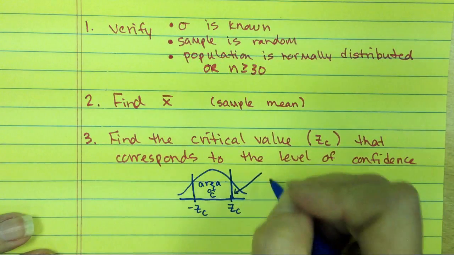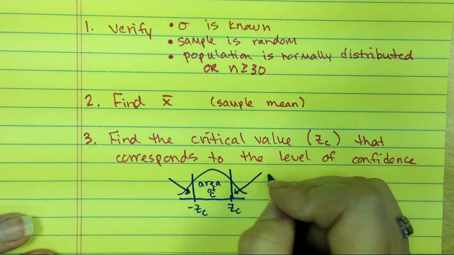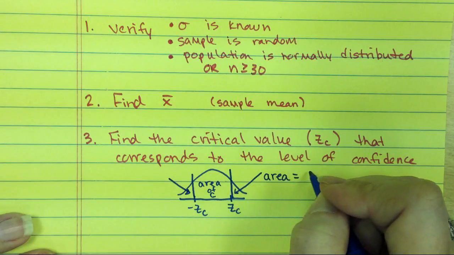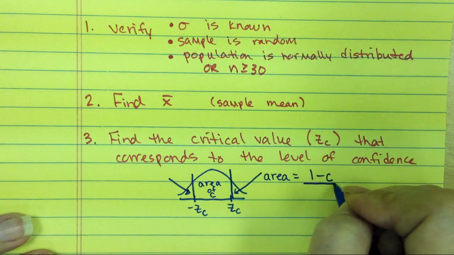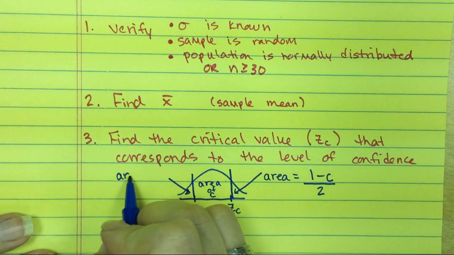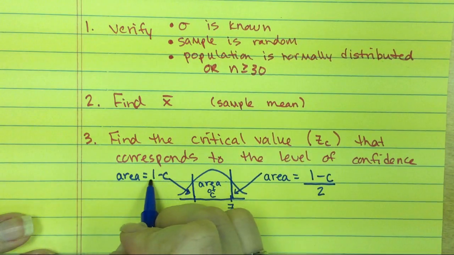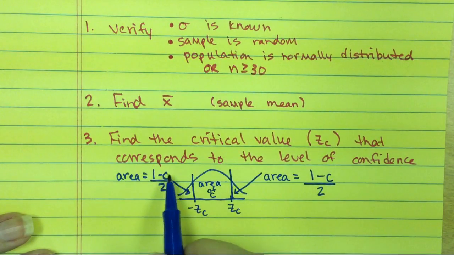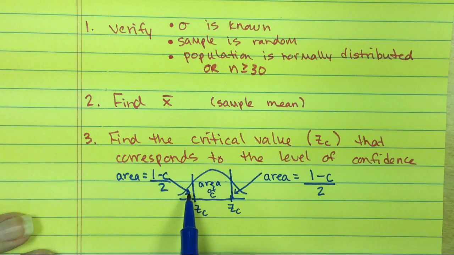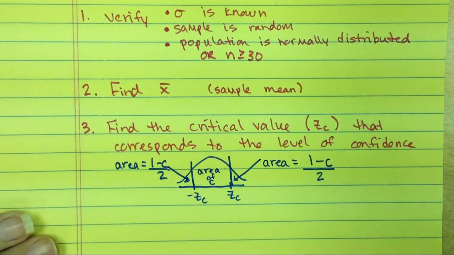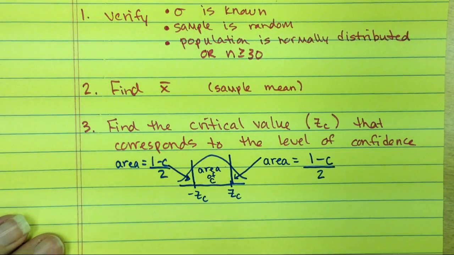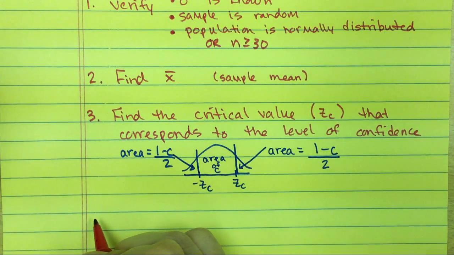Then remember that each of these tails has an area of (1 minus c) divided by 2. So we look up the area of (1 minus c) divided by 2, and that's going to give us our negative critical value. And then we just have to remember to use the positive critical value when we figure out our margin of error.